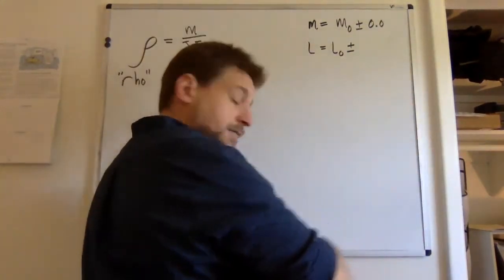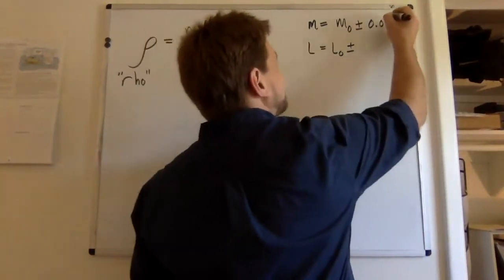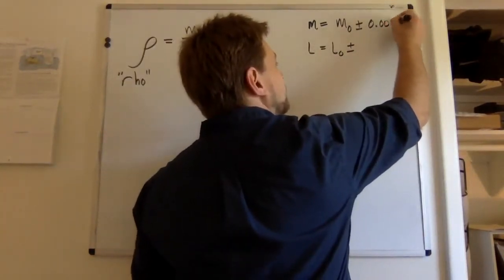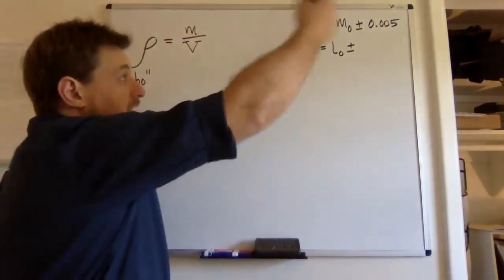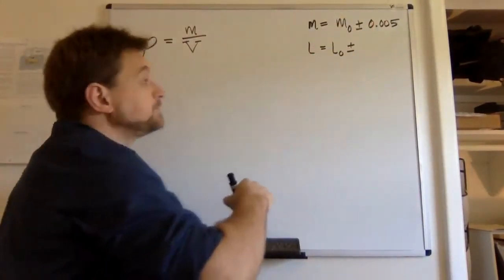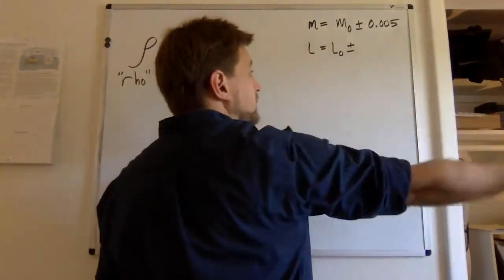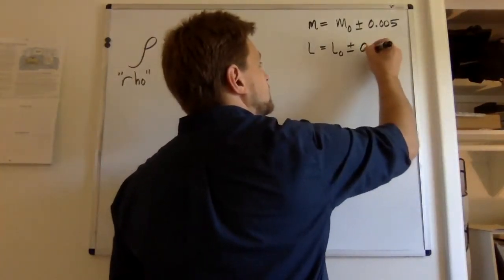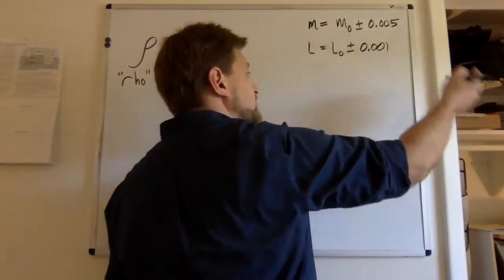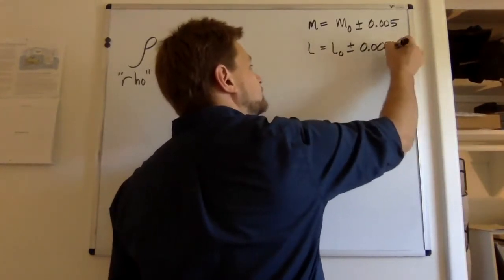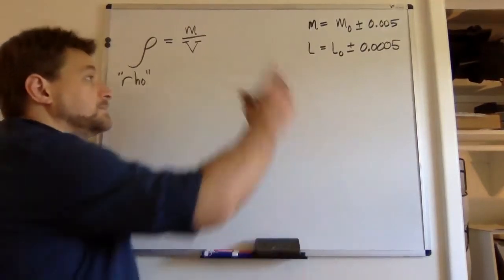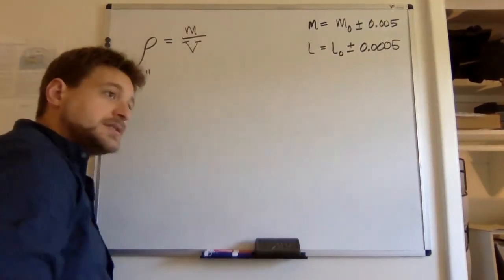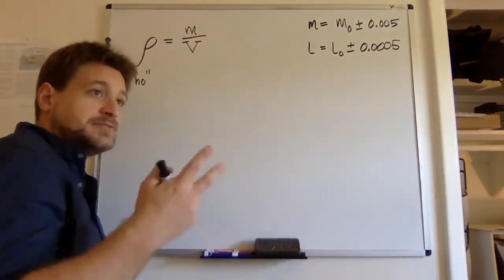Just for the sake of argument, because I want these to look different, suppose we only had 2 decimal places from our digital scale, which means the error is half of the next place. And with our millimeters, we've got 0.001 meters, but we can go half of that. Okay, natural variation in the measurements of mass and the measurement of length.